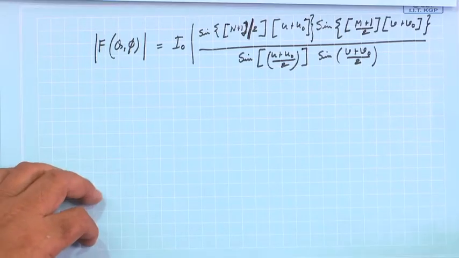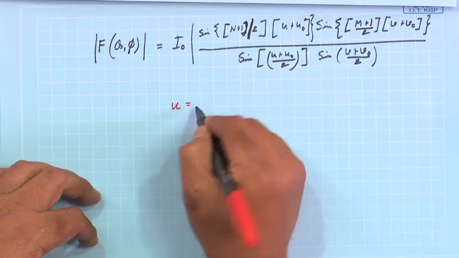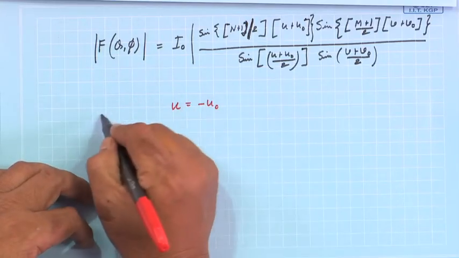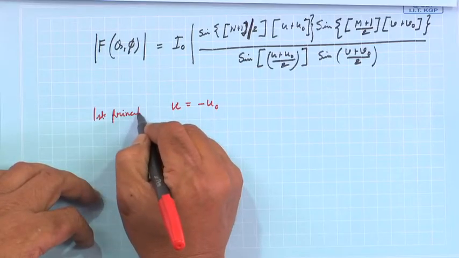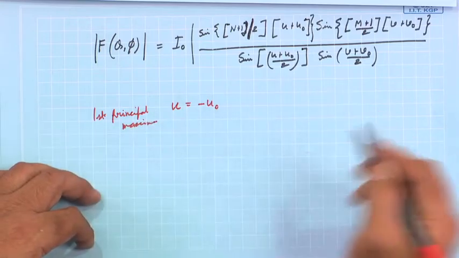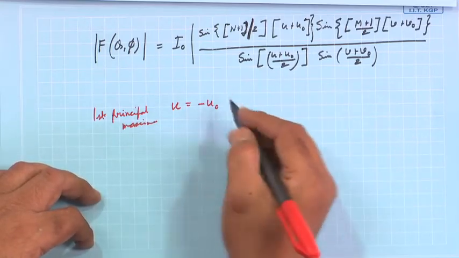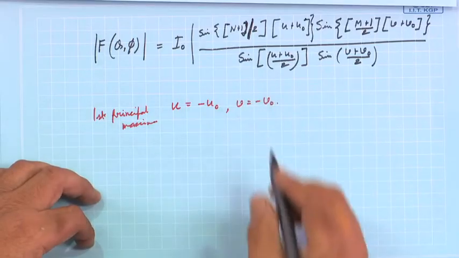So, this array factor has its first principal maxima when u is equal to minus u naught, v is equal to minus v naught.